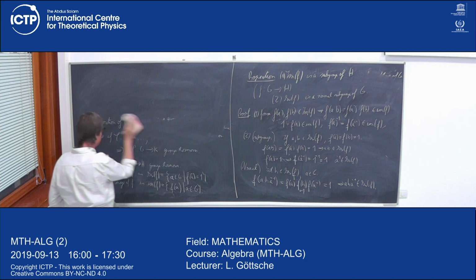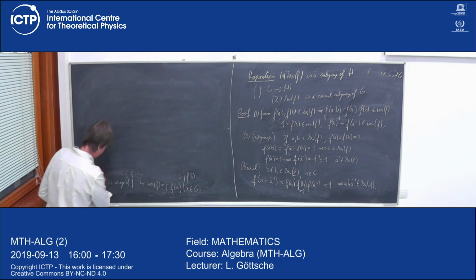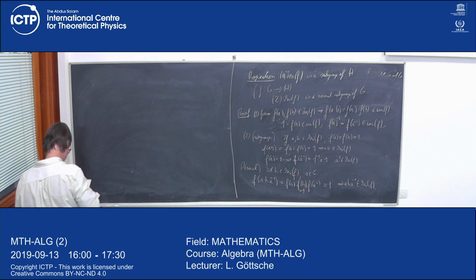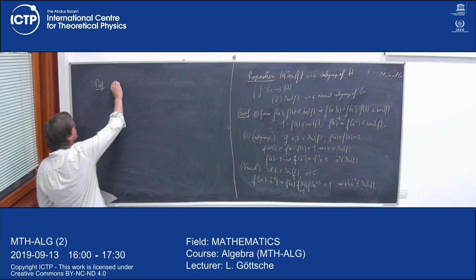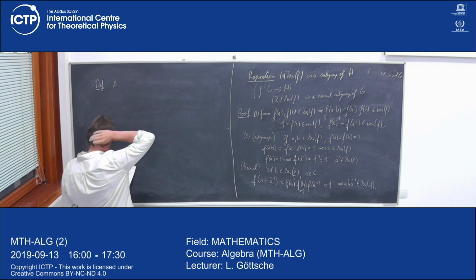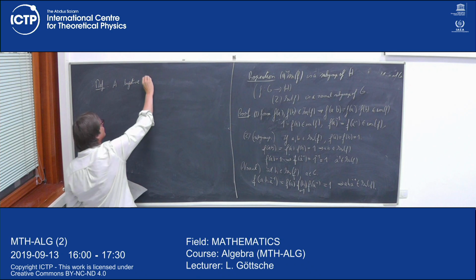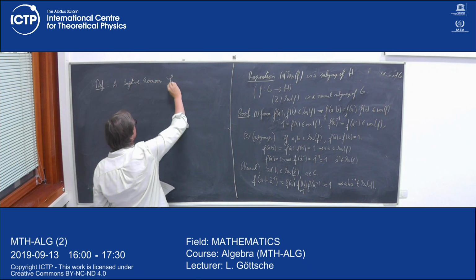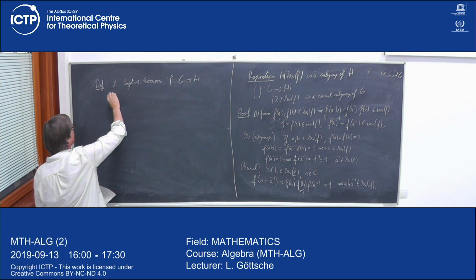I also wanted to introduce the words I already used about isomorphism and so on. A bijective homomorphism φ from G to H is called an isomorphism.